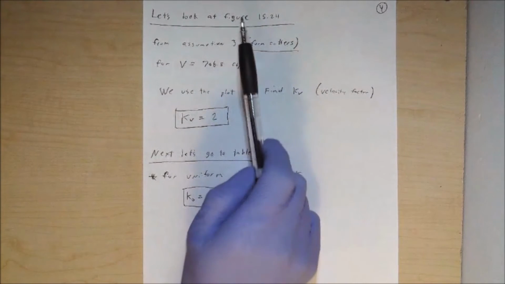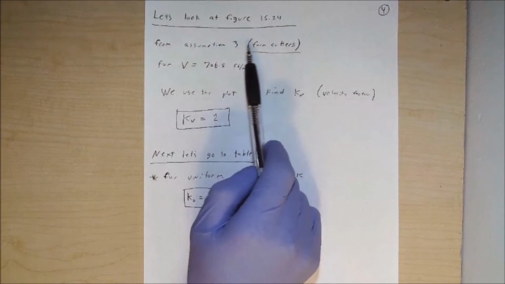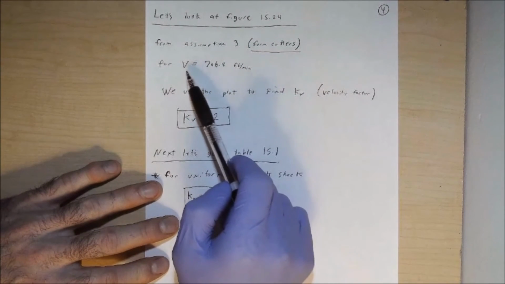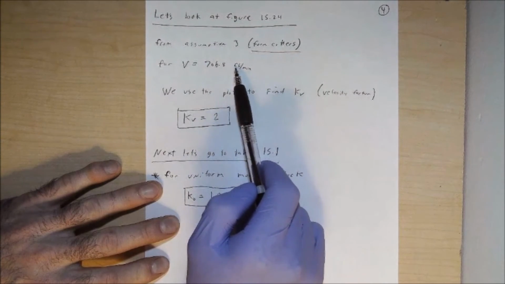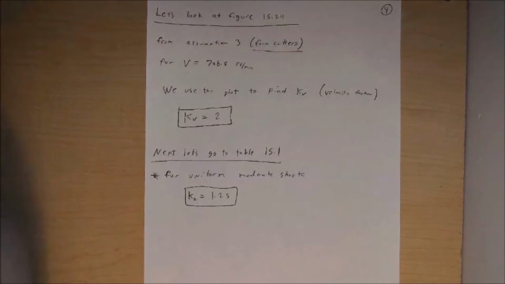Next, let's take a look at figure 15.24. From assumption 3, we know we're dealing with form cutters, and from the previous part of our solution, V is equal to 706.8 feet per minute. So let's use this information and go to figure 15.24.